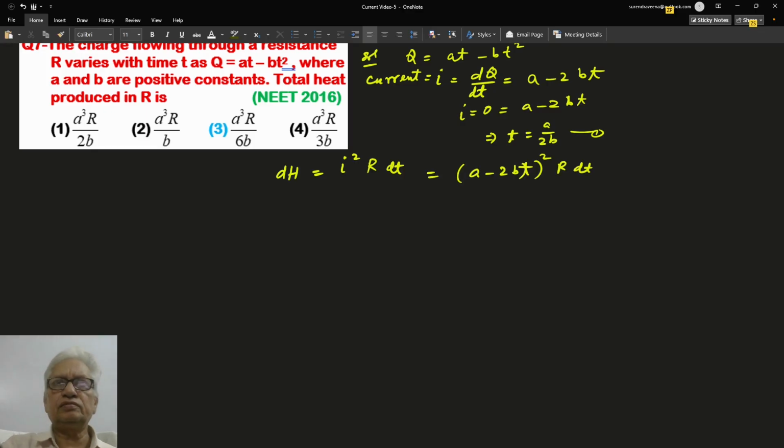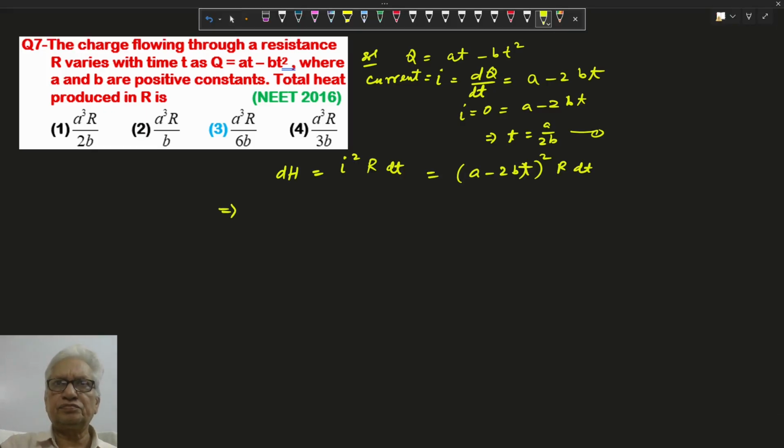So here, just open the bracket: R times a square plus 4 b square t square minus 4ab t.